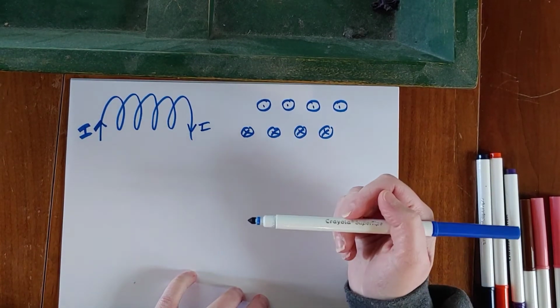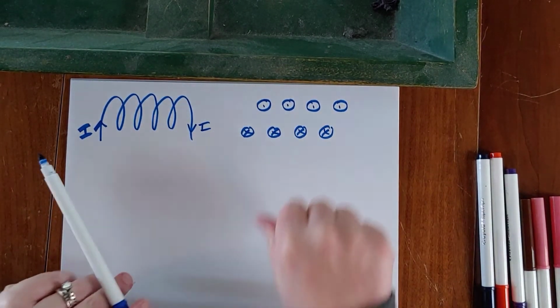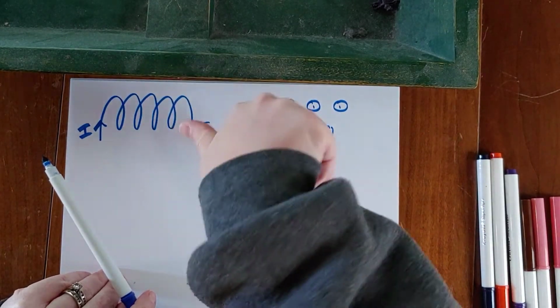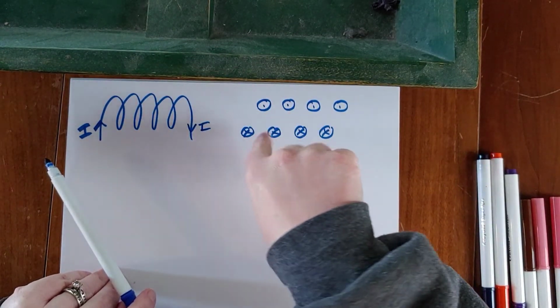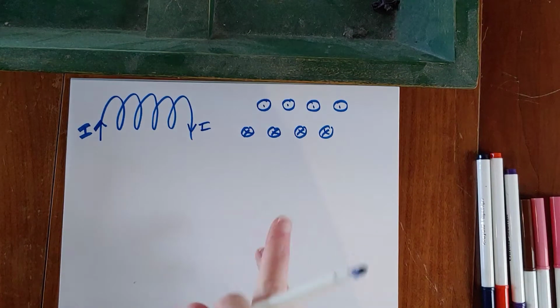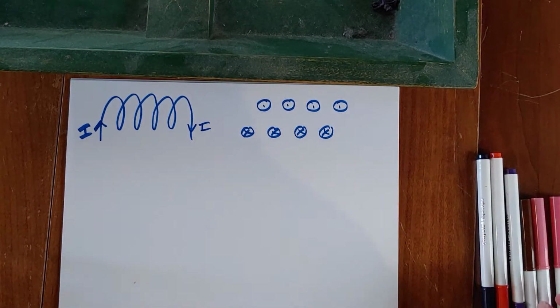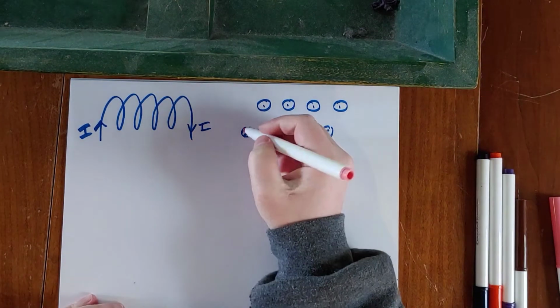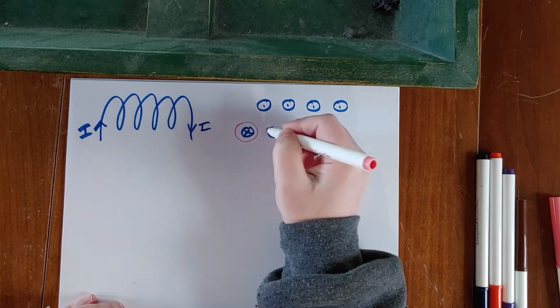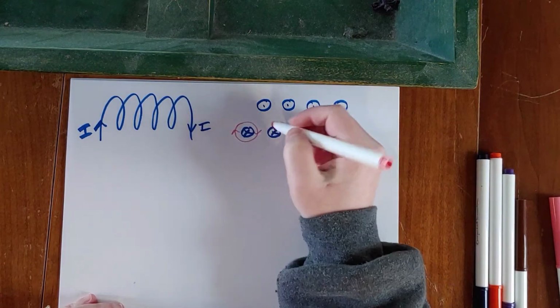Okay, so if you look at each one of these currents, we've done this how many times now with the right-hand rule? Put our thumb along the current. Our B field is in concentric circles around that guy, right? So this is what they end up looking like. Like that and like that.